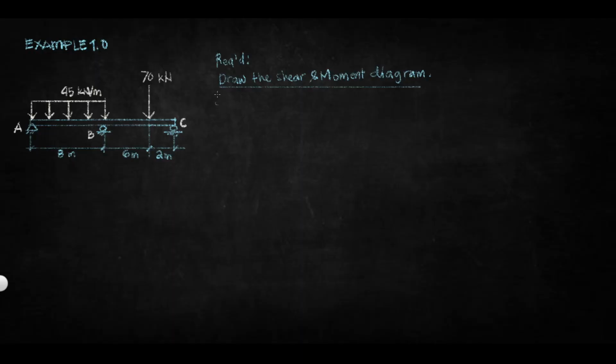Okay, so we have MA, tama, MA, L1. So, ano yung L1 natin? So, ang L1 natin class is ito, di ba? First span 8. L2 here is also 8.